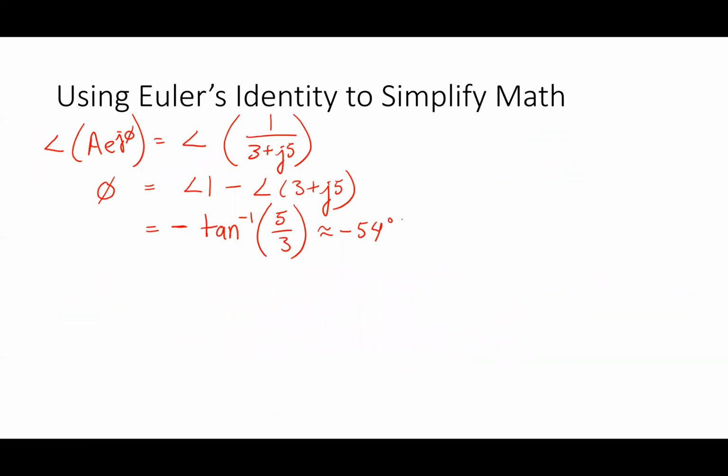Yes, negative 54 degrees means this angle points into the fourth quadrant. So let's just be clear.